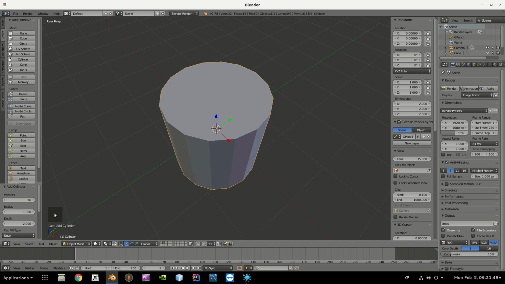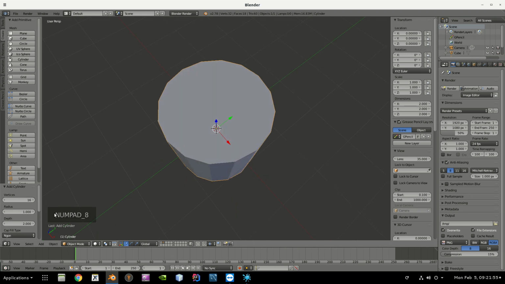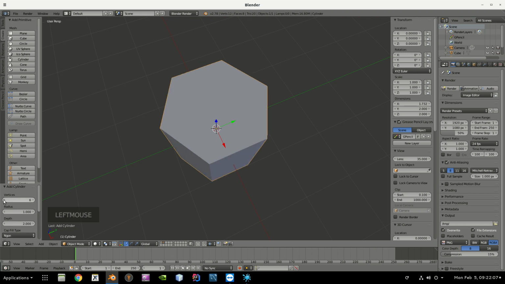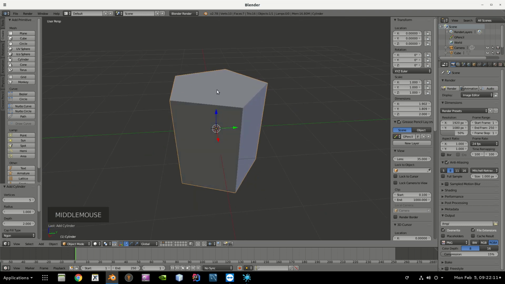Now we have 16 vertices, and it doesn't really look like a circle. We got the edges coming out. If I drop it down to 8 or 6, if I keep on lowering the number of vertices, do you see it as a circle?